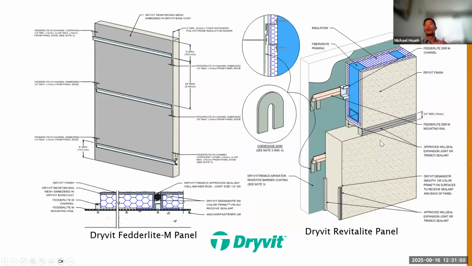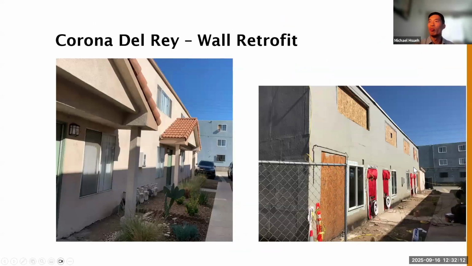This is a schematic look at the types of panels that we installed. Basically, this green here is that air and water barrier that we applied on the existing stucco, and then we installed these rails that we hung the panels on. On the upper floor, we tried to prove out a strategy of installing windows into the panels and then hanging those panels onto the building.